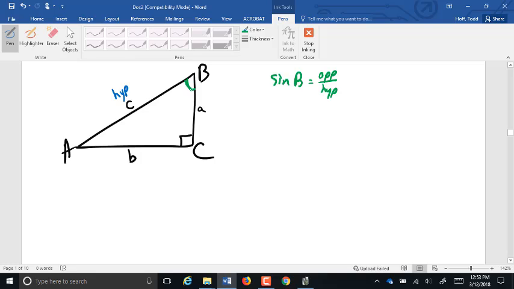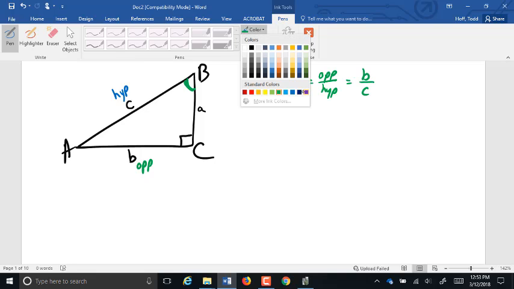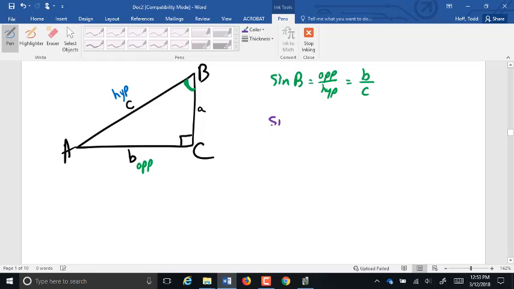If I'm looking at angle B, which side is opposite? Little b is opposite. So that would be little b over c. However, if I'm looking at the sine of angle A, still opposite over hypotenuse, which side is opposite? Little a. So that would be A over C.